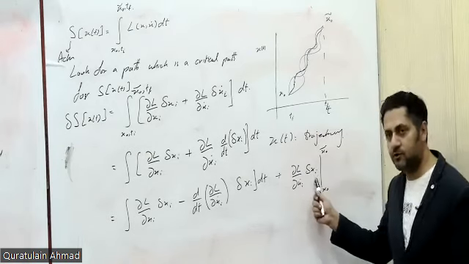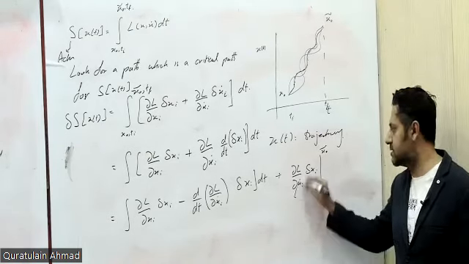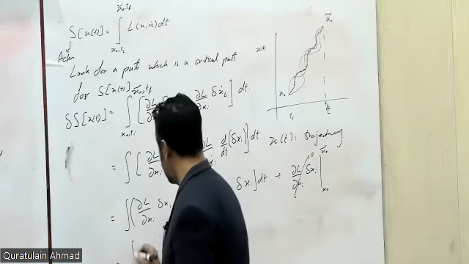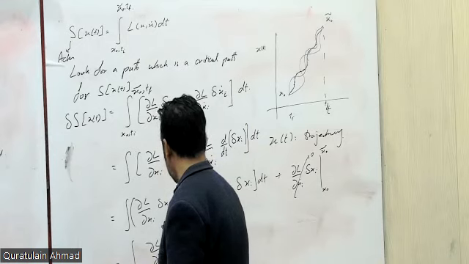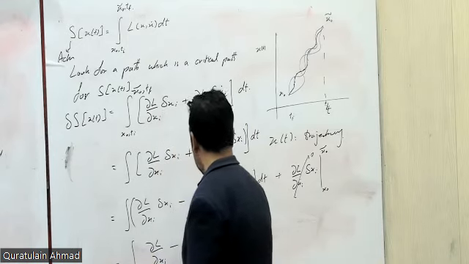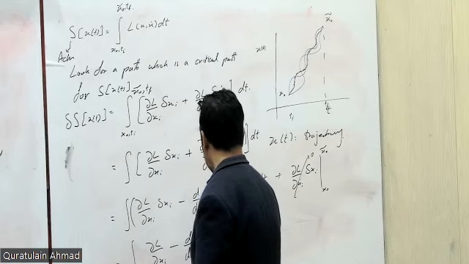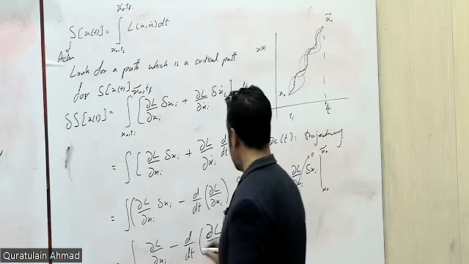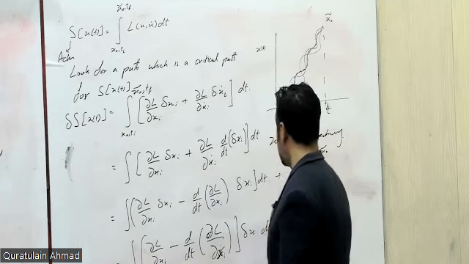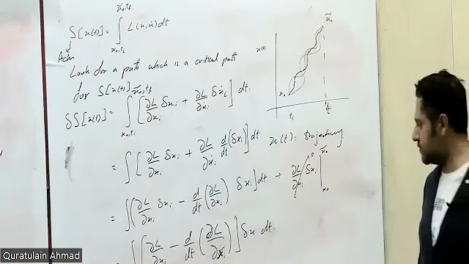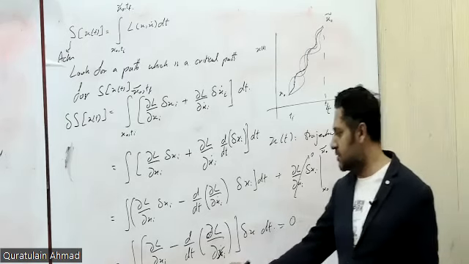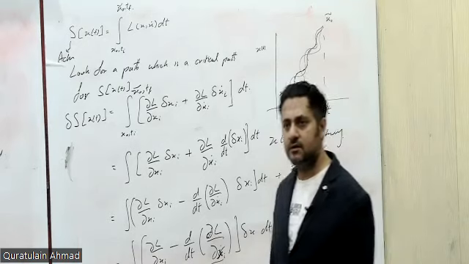Since I'm not doing any variation at the endpoints, they are fixed, this goes to 0. So now I have this. Now for the action to be stationary, this has to be 0. For arbitrary variations, it will be 0 if this thing is 0.